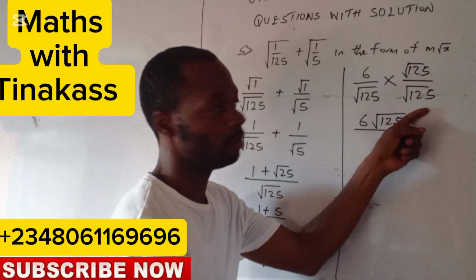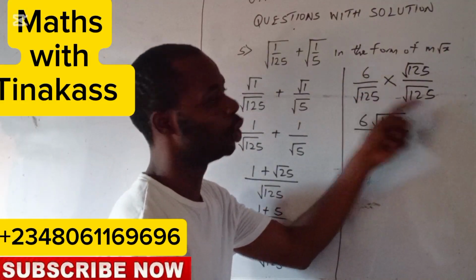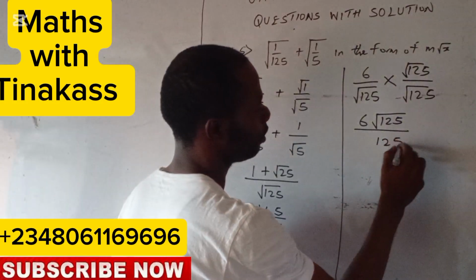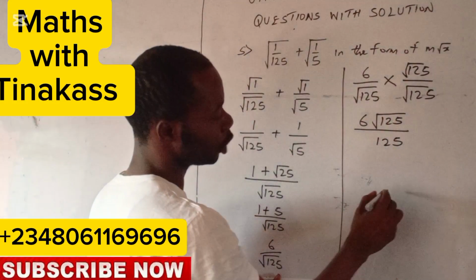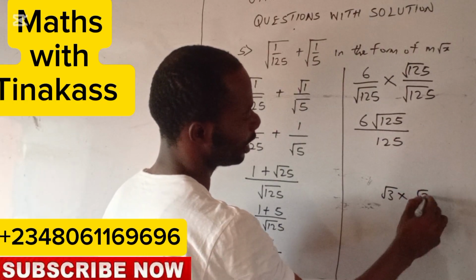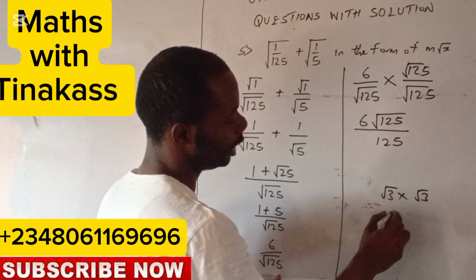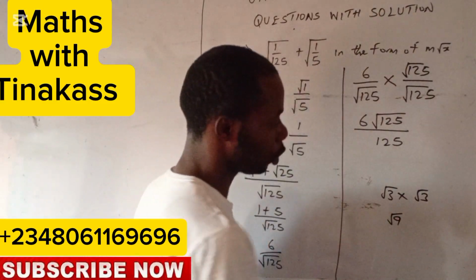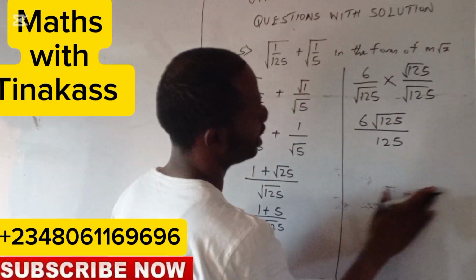They are the same, so you just pick one. So you have 125. It's just like saying what is root 3 times root 3? It is root 9, and the square root of 9 is still 3. So we just pick one. That's what we did there.